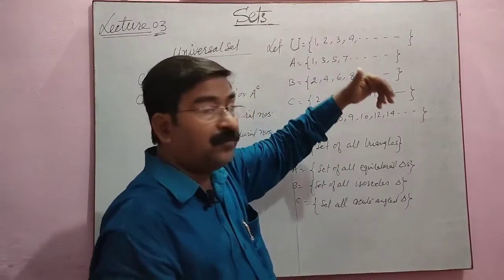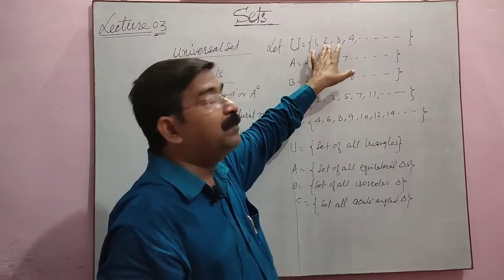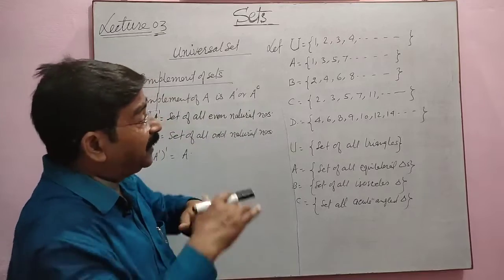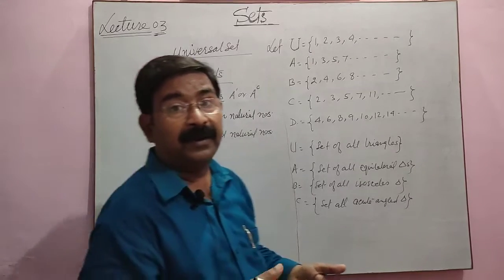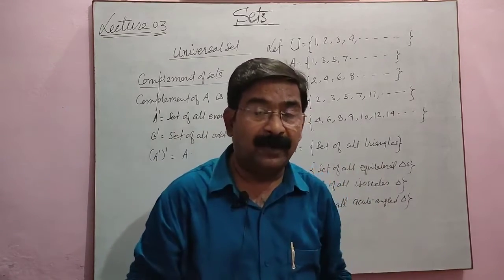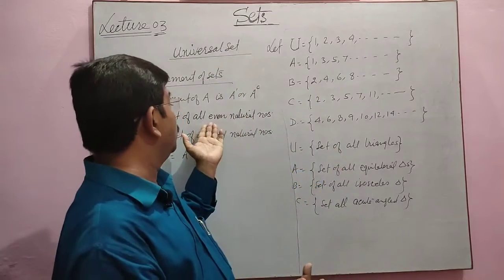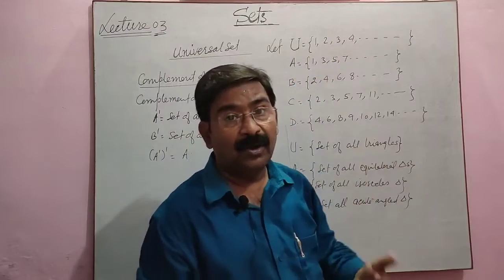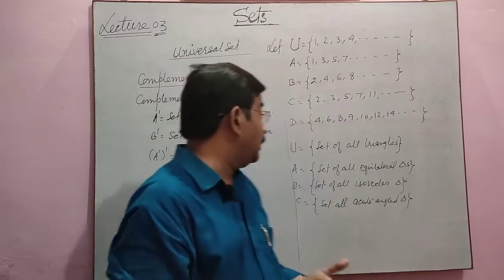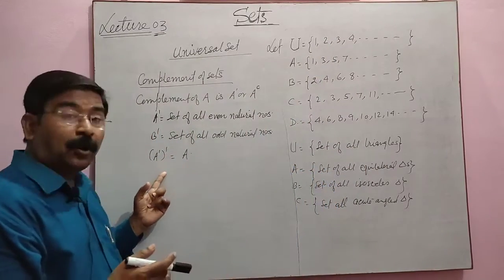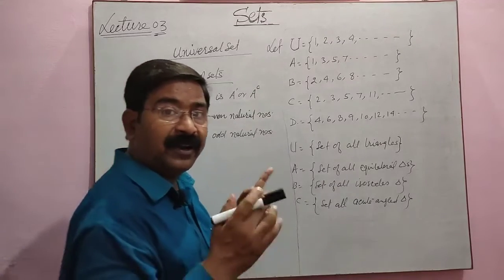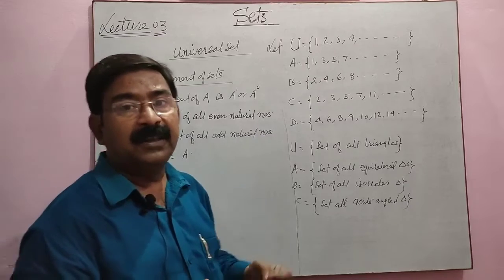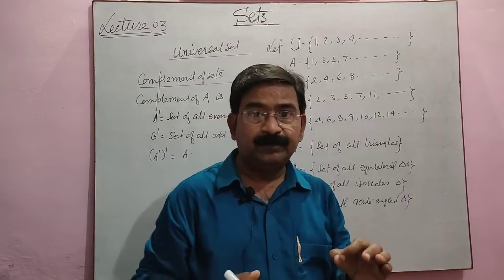When it is removed, what is left? All even natural numbers. After that, if you again find the complement, you will remove all these even natural numbers from the universal set. So what is left? All odd natural numbers will be left. So when we find the complement of the complement, it is the set itself. Got it?